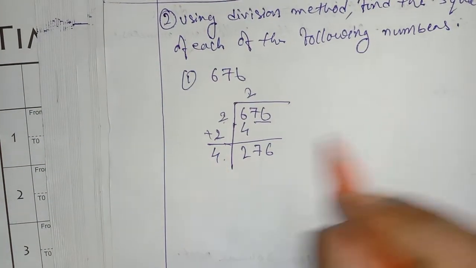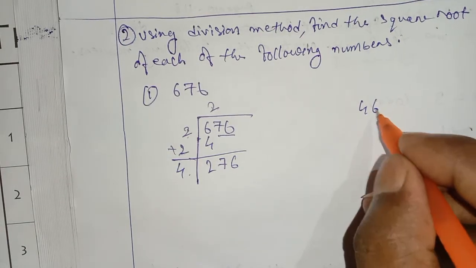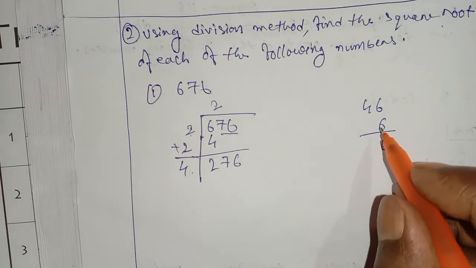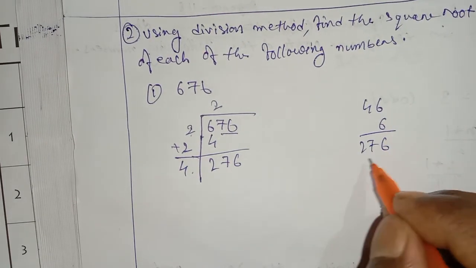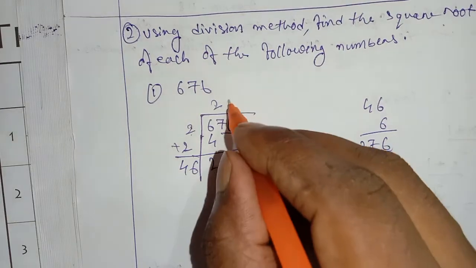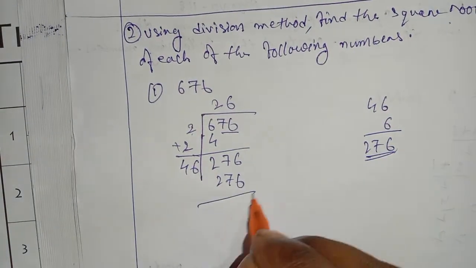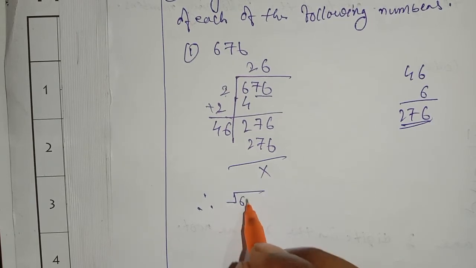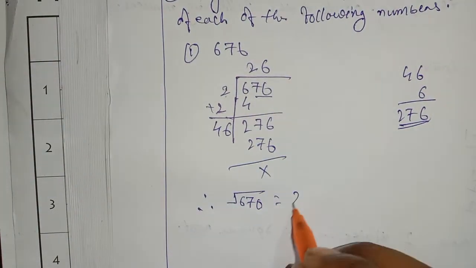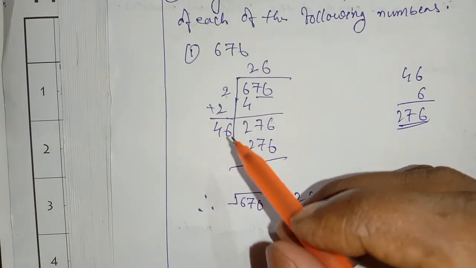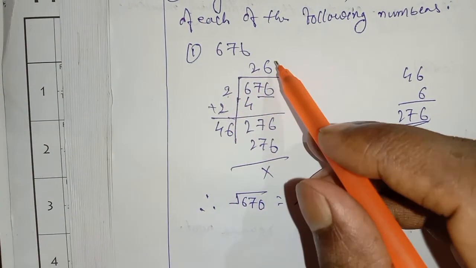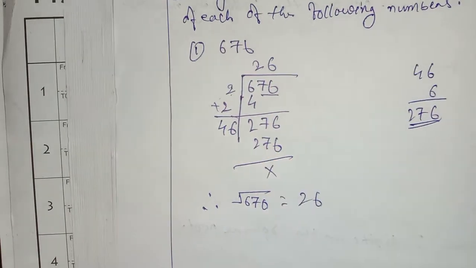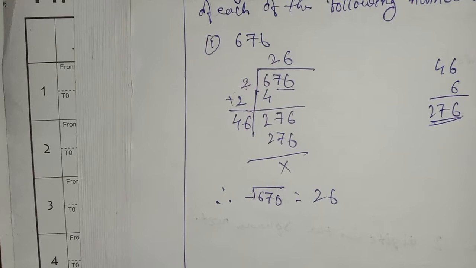If we put 6 here and 6 here, 6 times 6 is 36, carry 3, 24 and 3 is 27. So we take 6, 276 minus, therefore the square root of 676 equals 26. Again I am saying, whatever number you put on this side, you have to put the same above also. Okay.